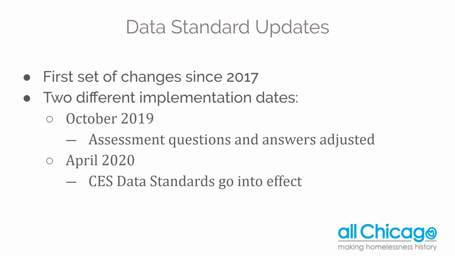We have the data elements, but the mapping of it has not been fully designated yet. So we're going to have more information on the updates to the CES data standards further down the line. But for now, what we're going to be concentrating on are those changes that will be going into effect on October 1st.